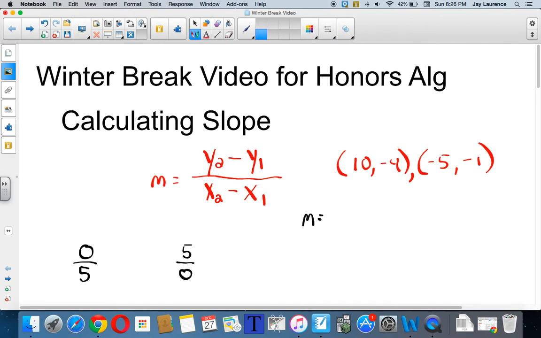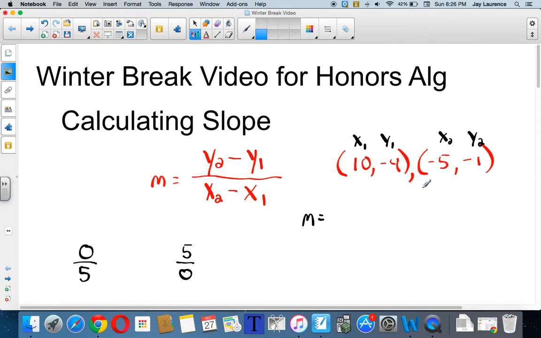Let's make this x1 and y1, and that x2 and y2. Now, of course, you could have made these x2 and y2 and these x1 and y1. It doesn't matter which point you call the first point, which one the second. It does matter that if this is the first x, then this must be the first y. You can't mix and match.